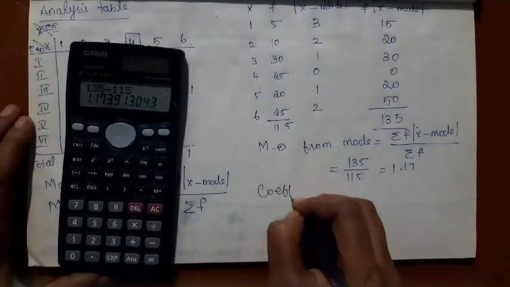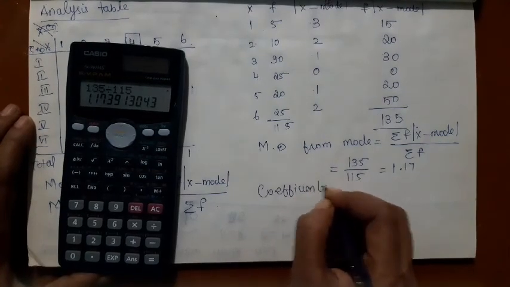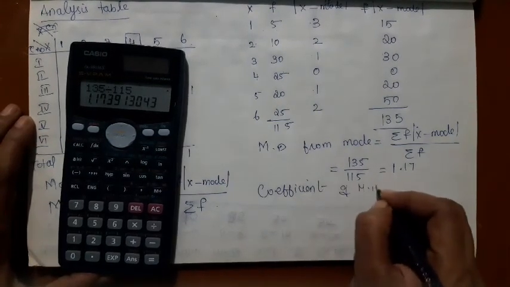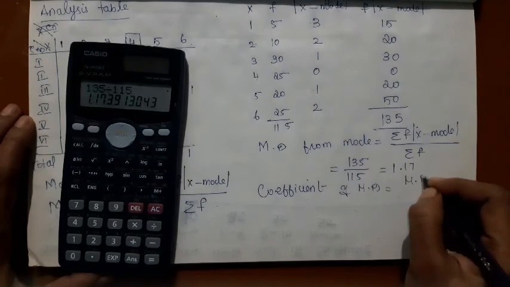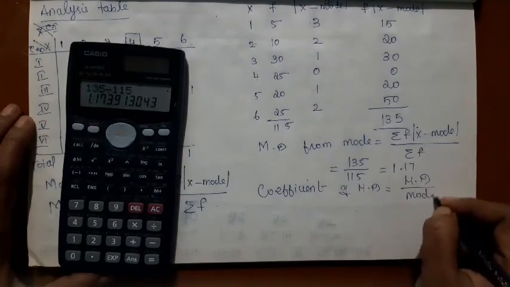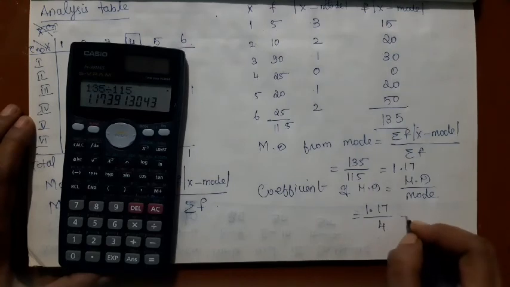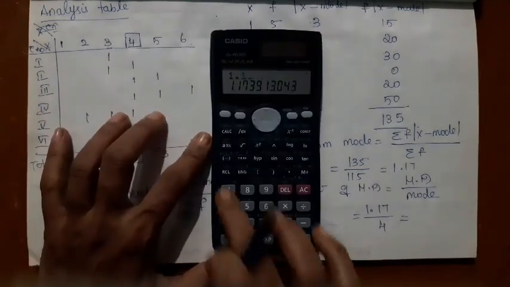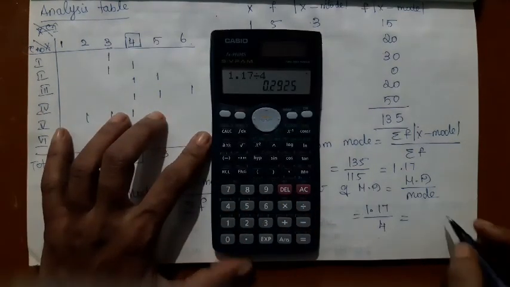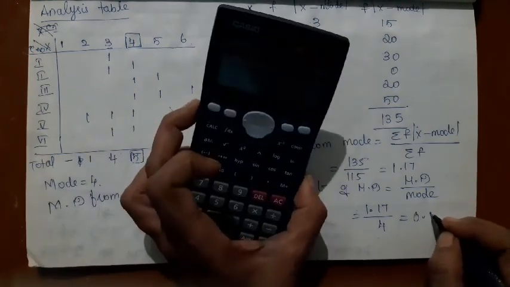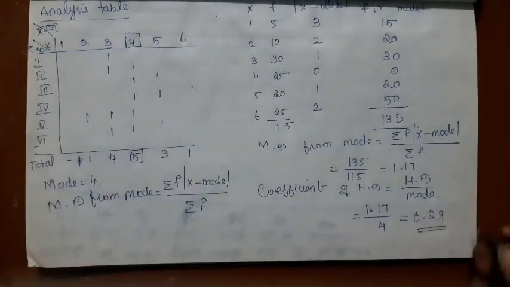Now the coefficient of mean deviation is mean deviation divided by mode. That is 1.17 divided by mode, which is 4. 1.17 divided by 4, 0.29 is the answer.